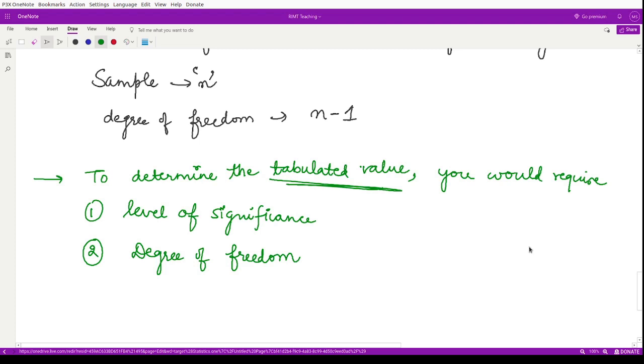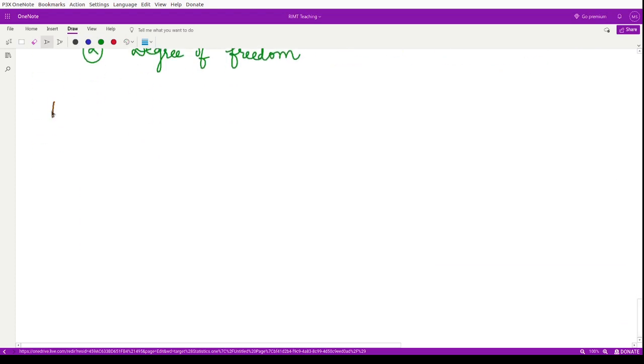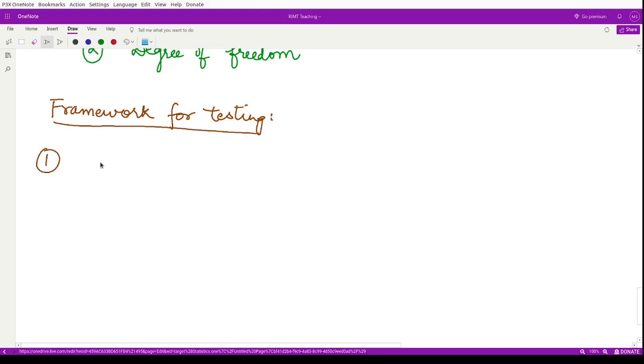Let me summarize what we have discussed. The framework for testing: firstly, we formulate the null and alternative hypothesis. That is the first step.